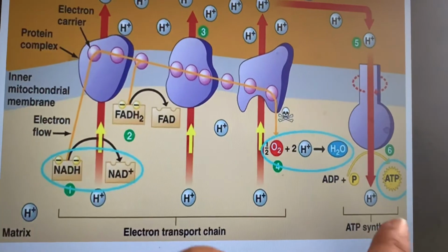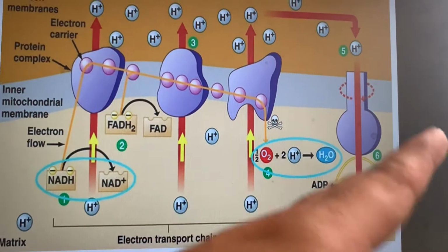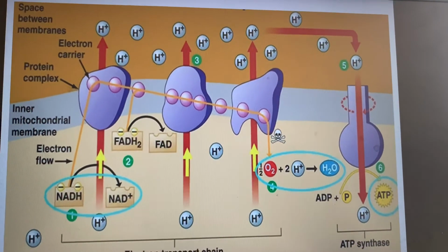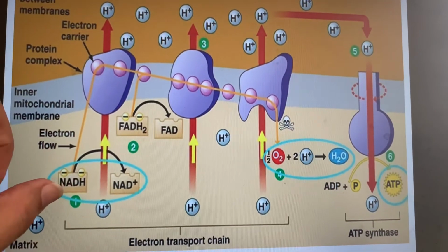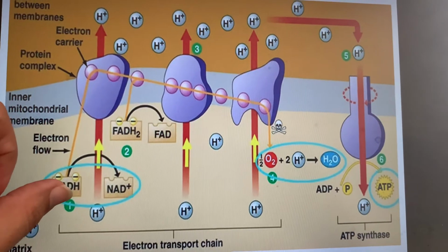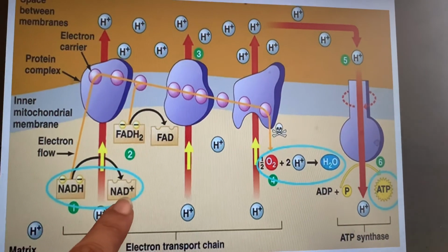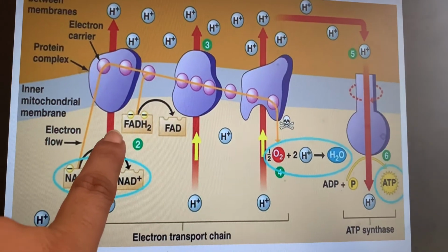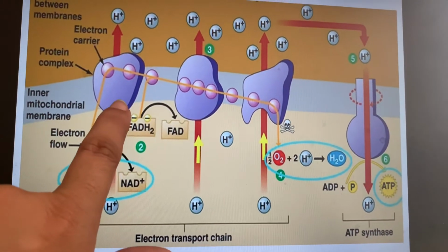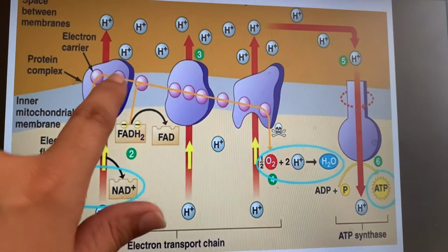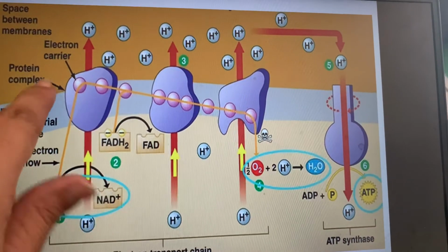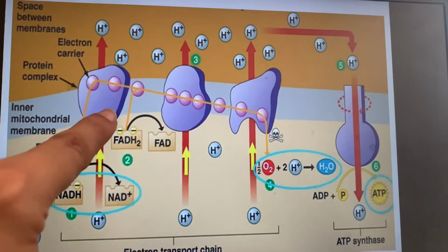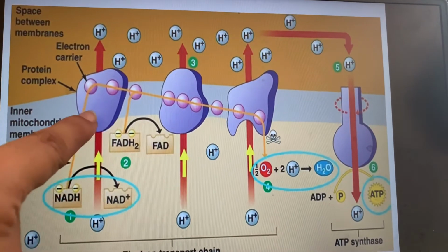And the next phase is the ATP synthase. That is the other step. We will touch on it a bit during this lecture. Electrons flow from NADH, producing NAD plus, and these electrons in yellow travel to complex 1. This is a protein complex, and these are the electron carrier proteins inside it.